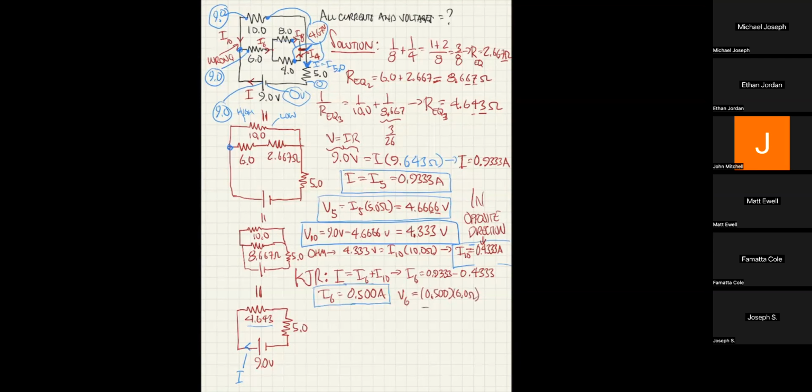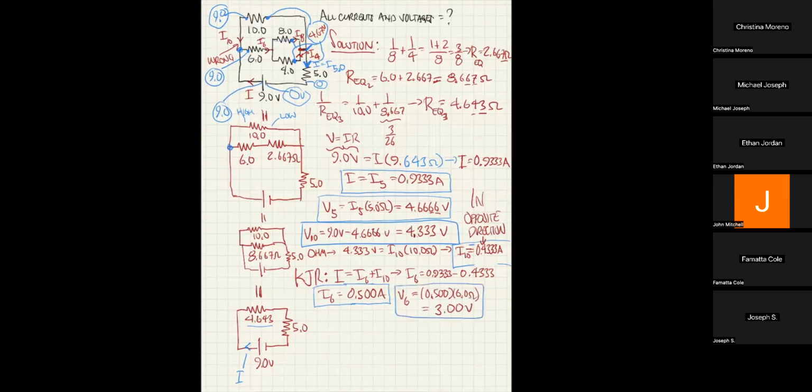And that's going to give me 3.00 volts is equal to V6. That means since the other edge was 9, it's going to drop from 9 down to 6. So now my bubble says 6 volts, and the bubble points to this mark and this mark and this mark too.